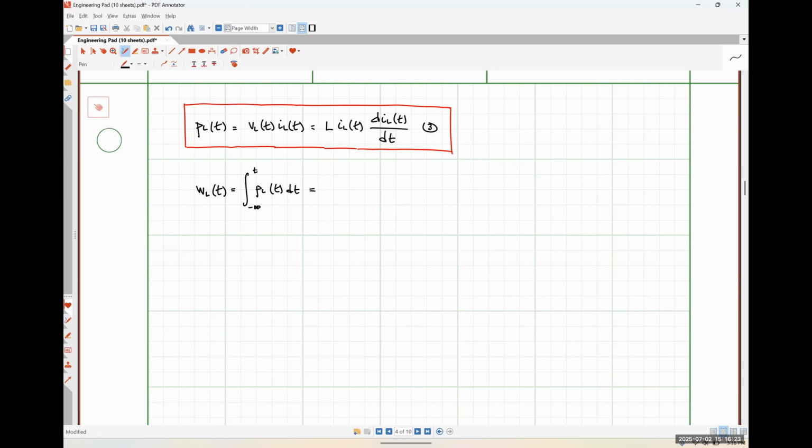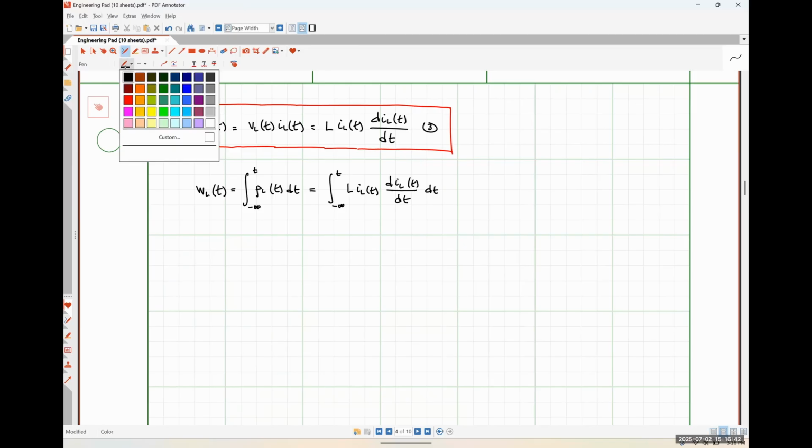If I substitute in my power relationship, I'm going to have the integral from negative infinity to t of L I di by dt, and then here's another dt. And once again, I'm going to say that that dt in the numerator cancels this dt in the denominator. So now instead of integrating with respect to time, I am essentially integrating with respect to inductor current.